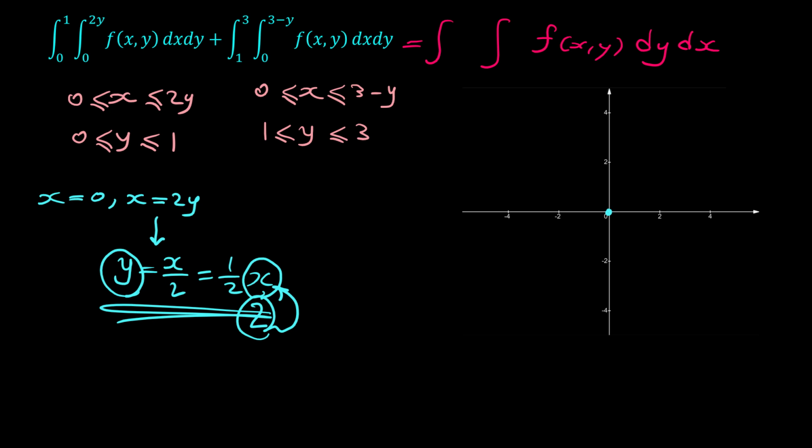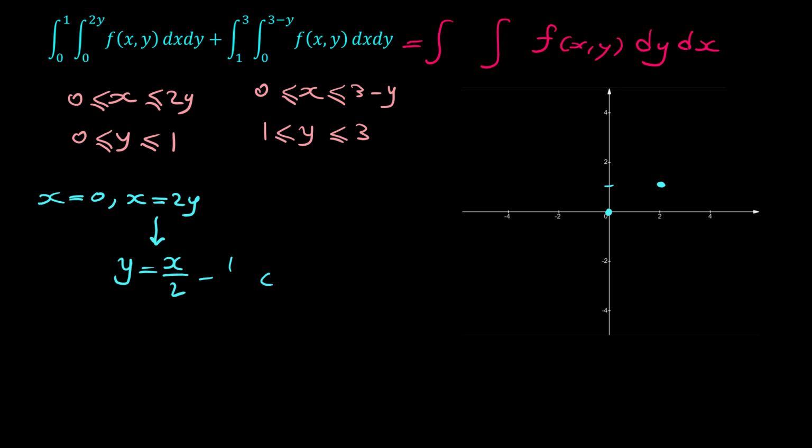So it passes through the point (2, 1). So when x is 2, the y value is 1. So this line passes through (0, 0), the origin, and the point (2, 1). So the line is something like this.